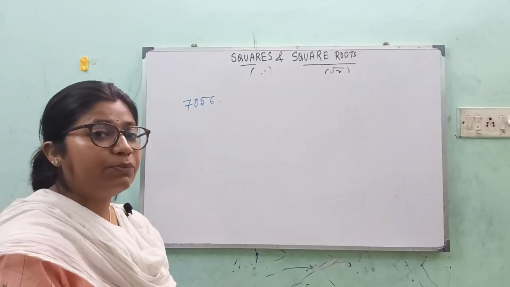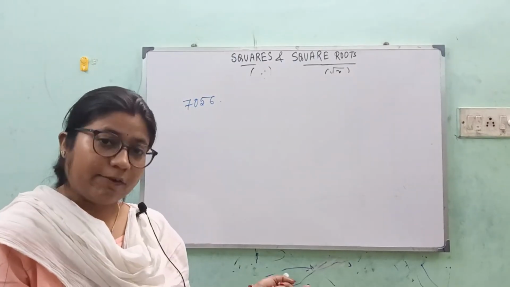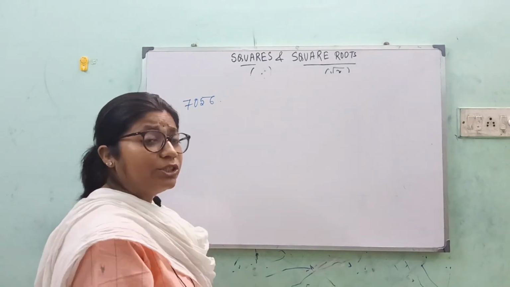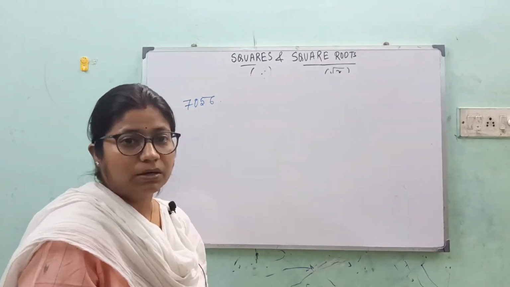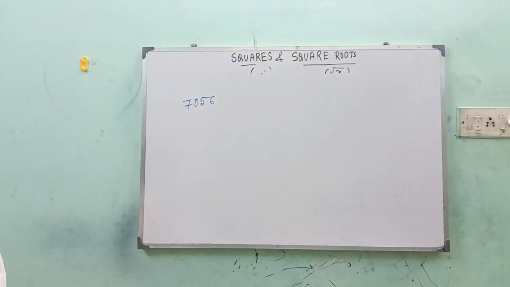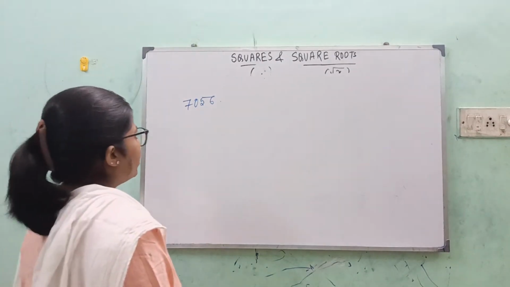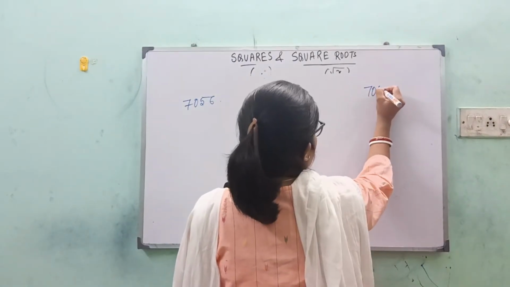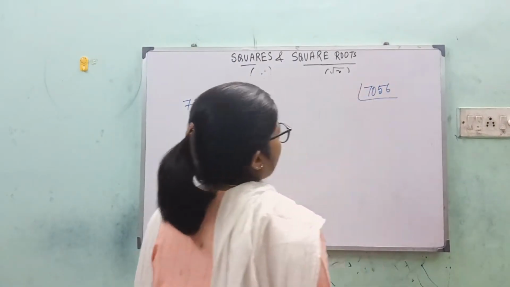So first you will determine whether it's a perfect square or not. If it's a perfect square, then find out which number's square this number is. Quickly, come on. Most of you might have done it already. Let's check whether you have done it correctly or not.